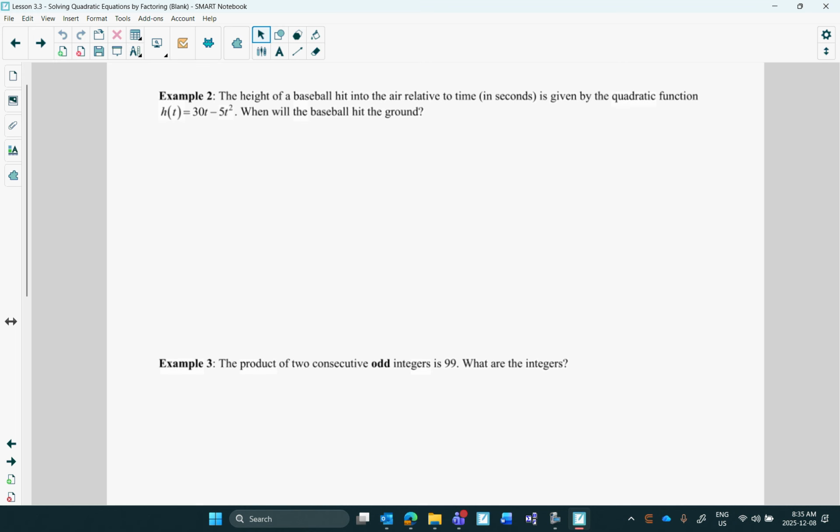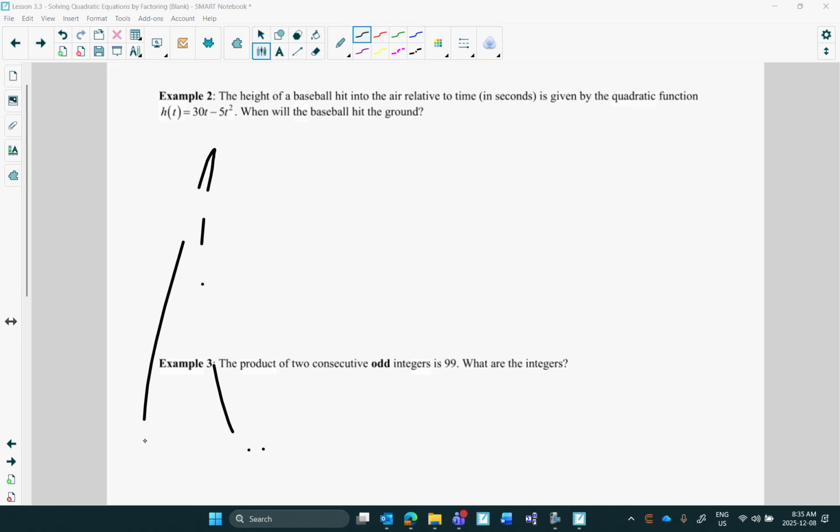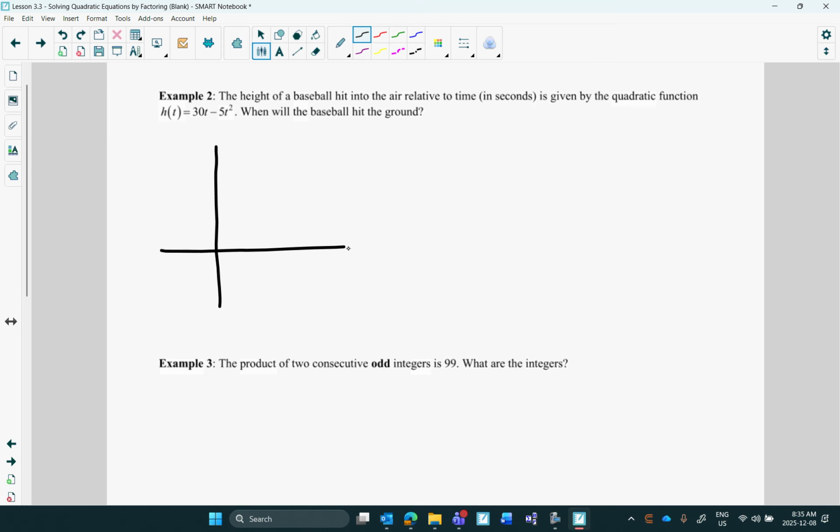So now we're just going to look at a couple of word problems where we can use quadratic equations. This one is very similar to the one we did in the last unit, and we had a diagram with it. So we had a diver, taking that path like so.